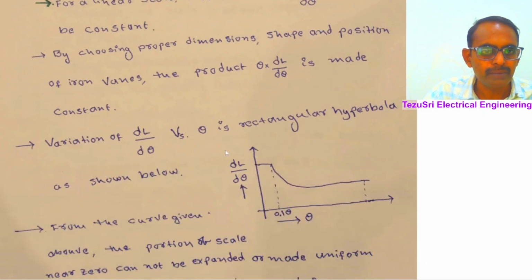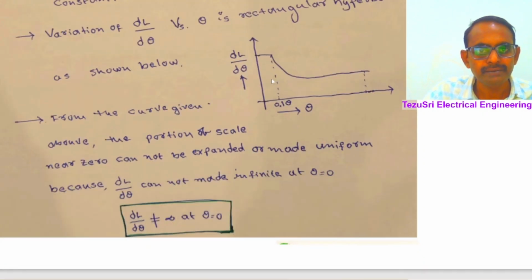The variation of dL by d theta versus theta is a rectangular hyperbola shape, as shown here. From the curve given above, the portion of the scale near zero cannot be expanded or made uniform because dL by d theta cannot be made infinite at theta equal to 0.